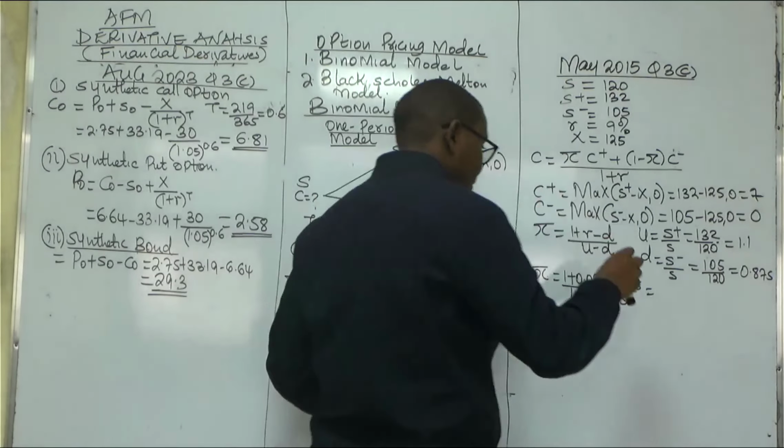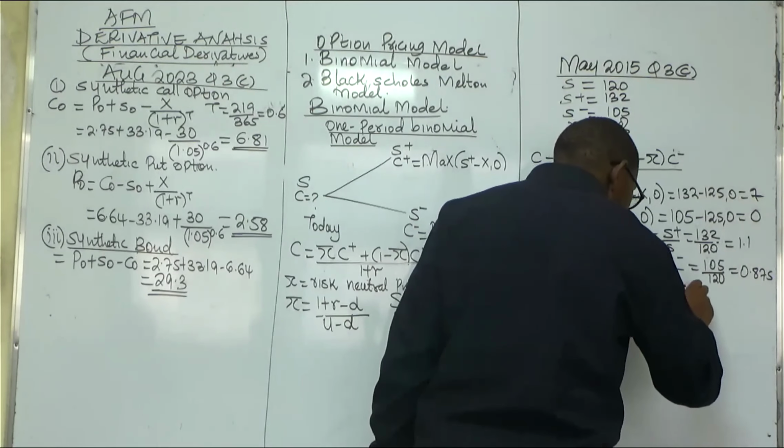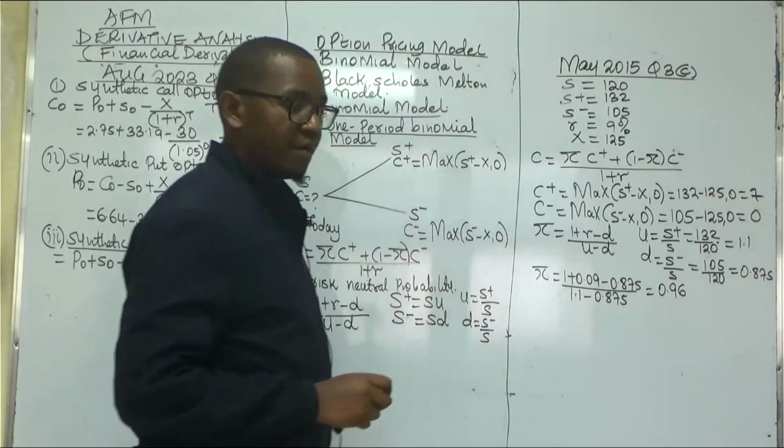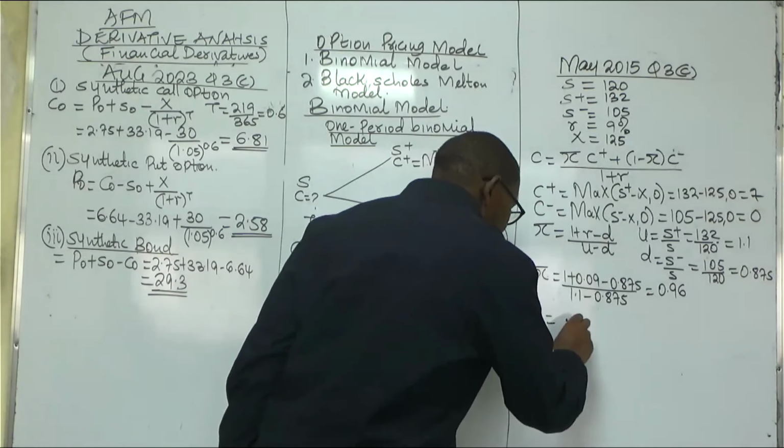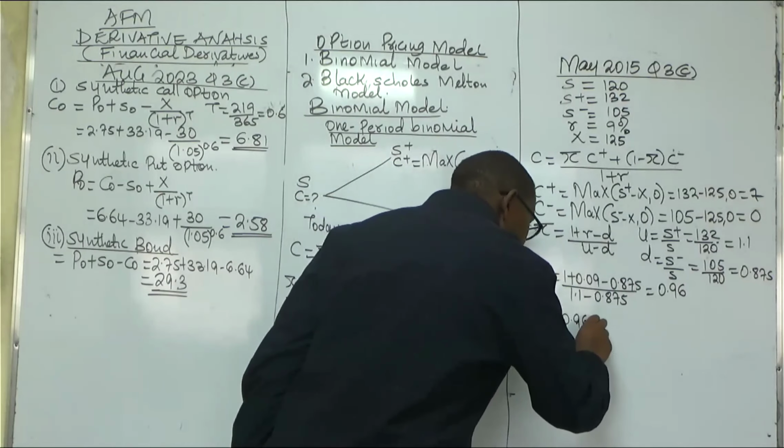This is 0.96. And therefore, our value of our call will use 0.96.